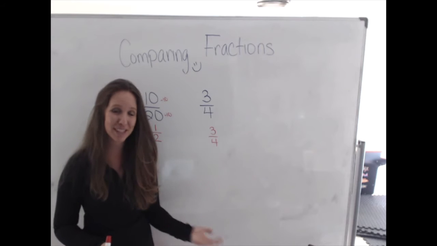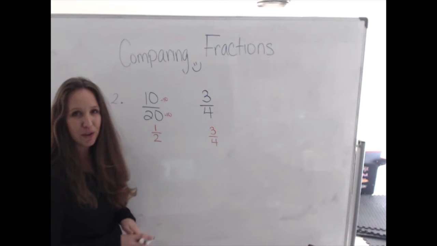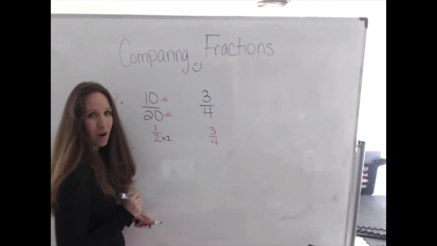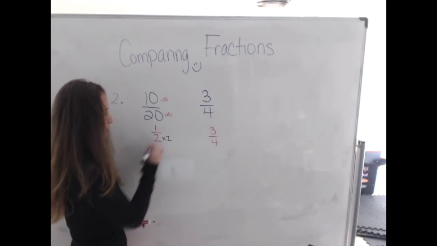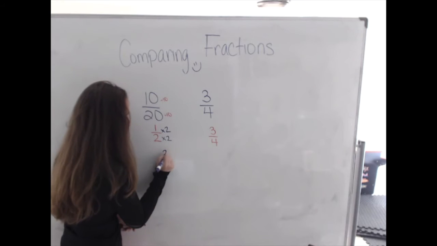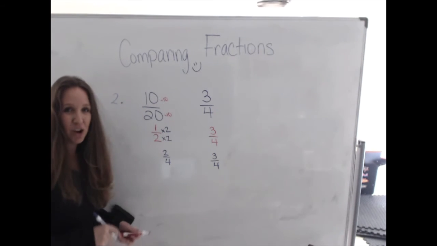Well, finding a common denominator here is really easy because I know that 2 times 2 gives me 4. So whatever I do to the bottom, I've got to do to the top. So 1 times 2 is 2, and 2 times 2 is 4. So what is bigger? 2/4 or 3/4?